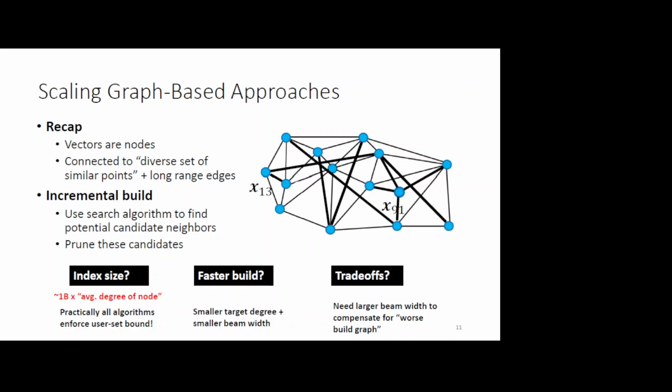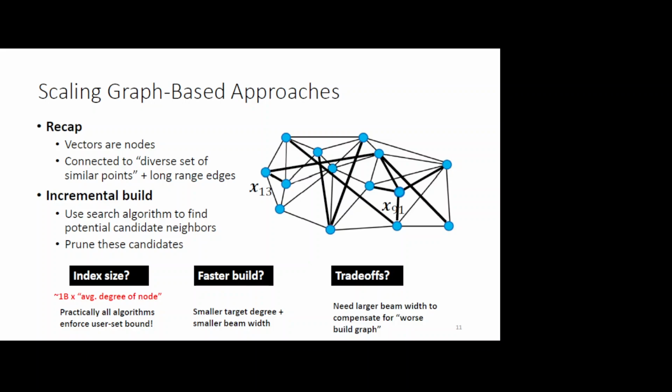It will also influence your build time. If you want a faster build time, maybe you have to use a smaller degree, or a smaller search width. But this means you have fewer neighbors, and it will influence your recall, your search accuracy.